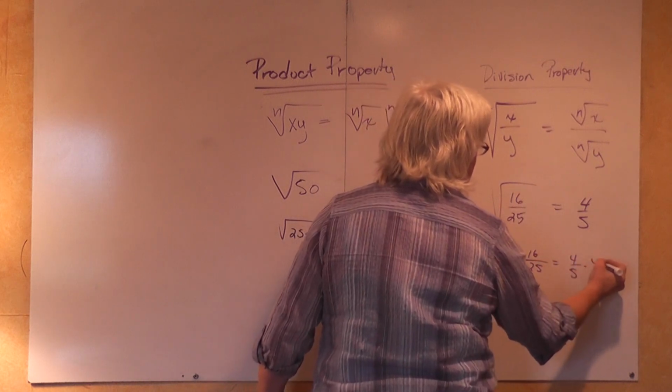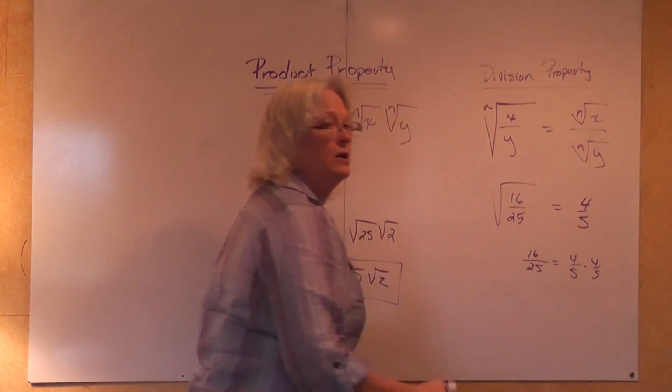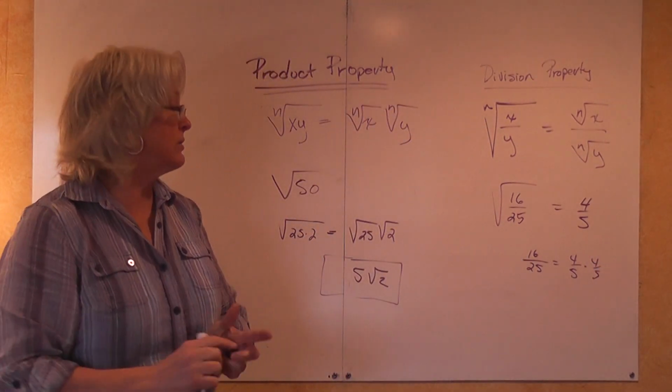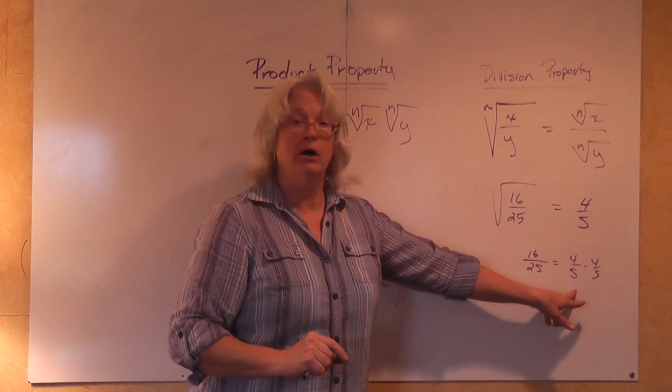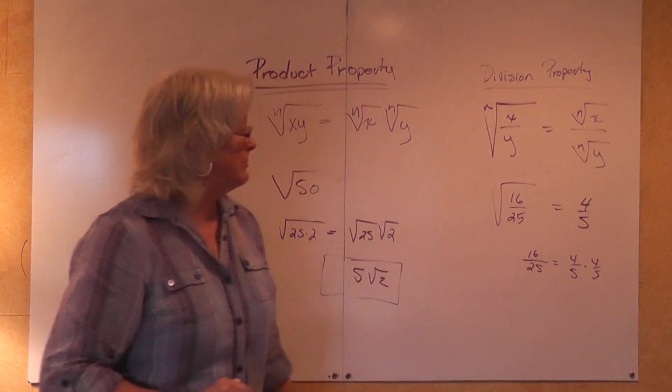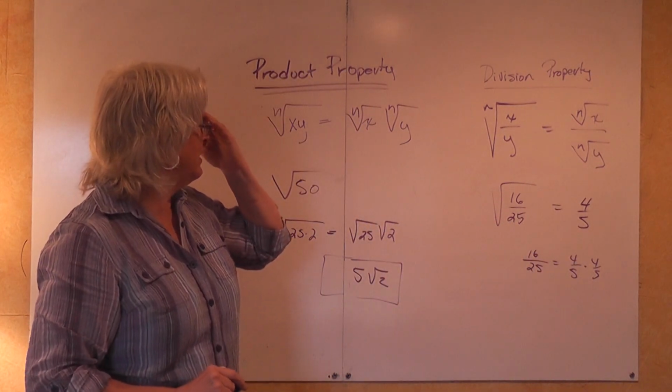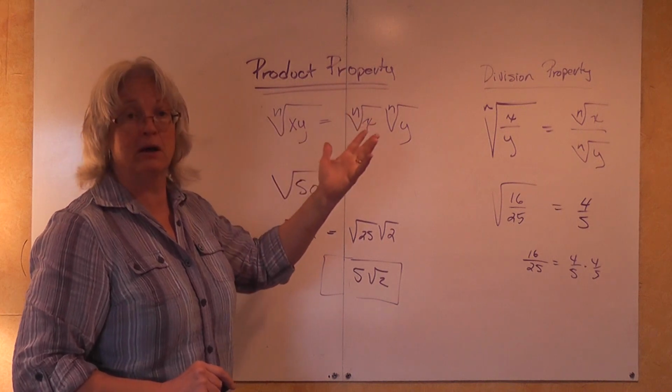So 4/5 times 4/5, because when you multiply fractions together, you multiply numerators and you multiply denominators together. But maybe you don't want to have to think, okay, 4/5 times 4/5.